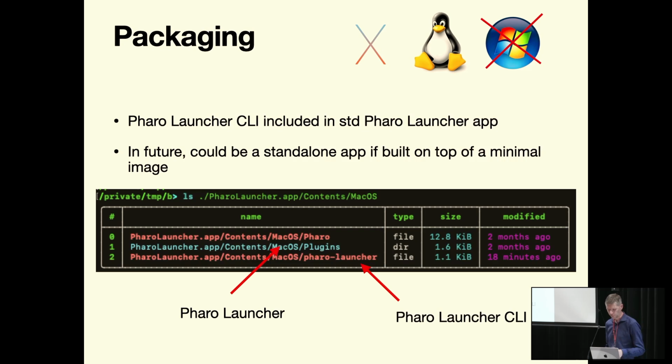As you can see, there is a screenshot. Here it's the macOS package. At the top, you have the Firewall Launcher with the UI, and there is a small script below for Firewall Launcher command line.